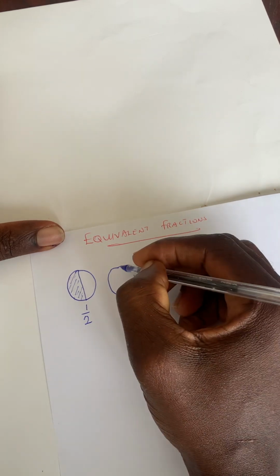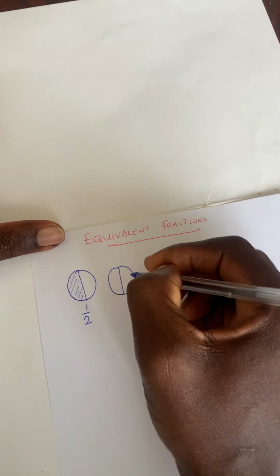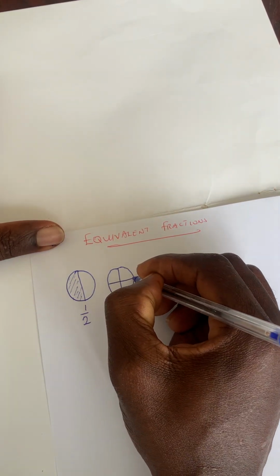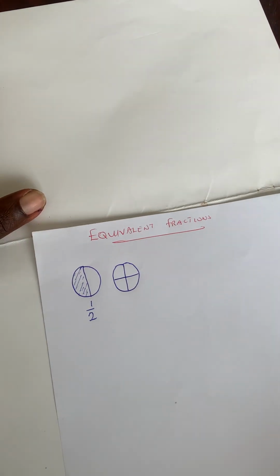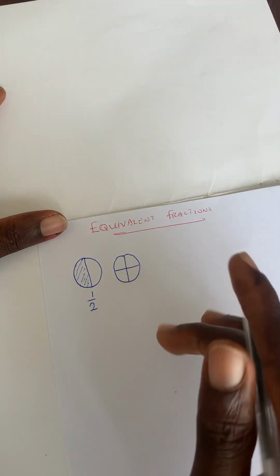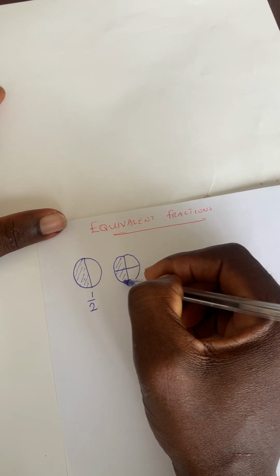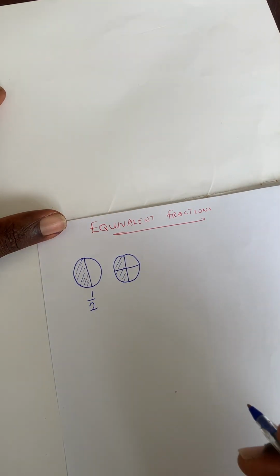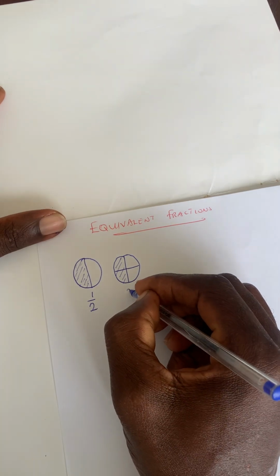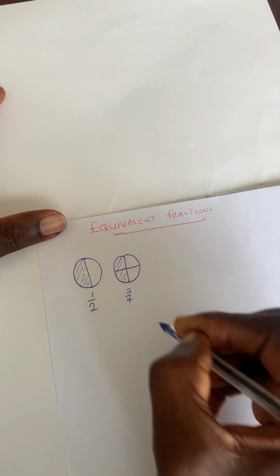But over here, the orange is divided into 4 equal parts. And since there are only two people sharing the orange, one person will get the shaded portion. So the fraction for the shaded portion is 2/4.